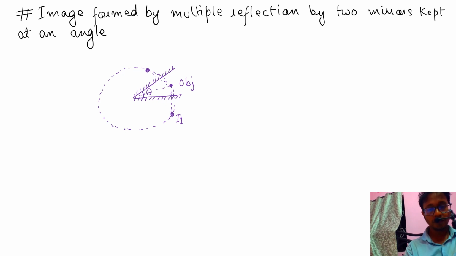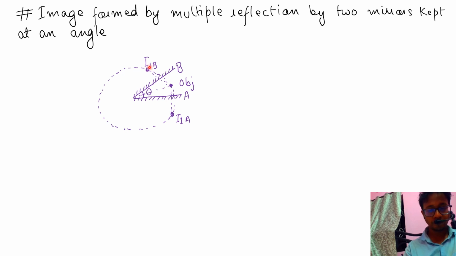Let this be mirror A, let this be mirror B. So this is the first image by mirror A, this is the first image by mirror B.